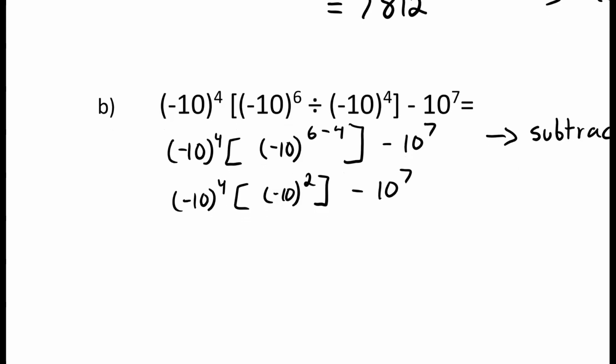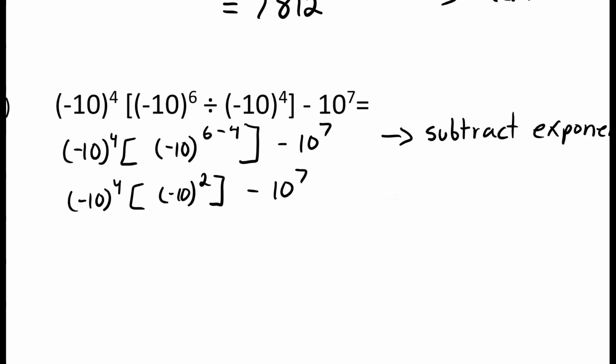The next thing that we want to look for is our multiplication because we just completed our division. Our next thing is our multiplication, which will be the negative 10 to the power of 4 multiplied by the negative 10 to the power of 2. So I'm just going to write down, we want to add the exponents because we're looking at a multiplication.